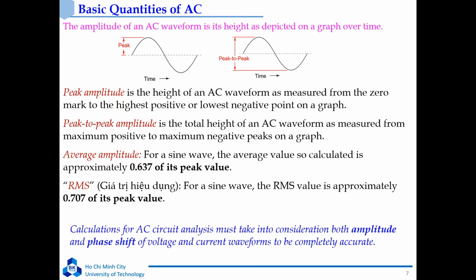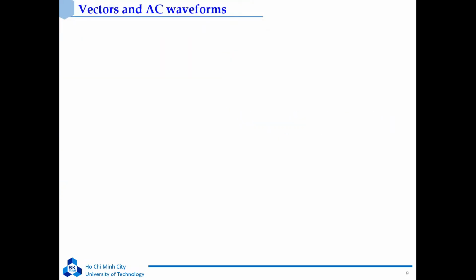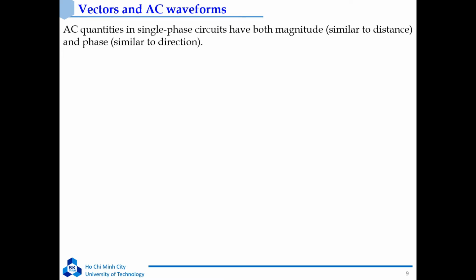Calculation for AC circuits must take into consideration both amplitude and phase shift of the voltage and current waveforms to be completely accurate. And conventionally, to analyze AC circuits, we can use complex numbers to represent the AC signal. AC quantities in single-phase circuits have both magnitude and phase.